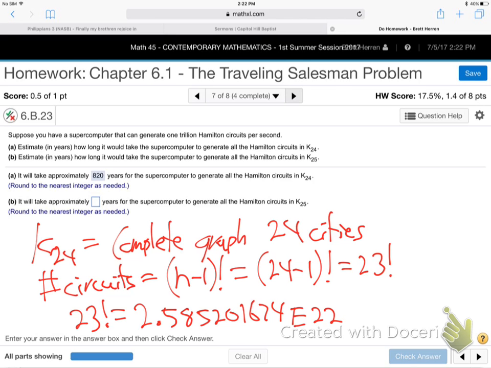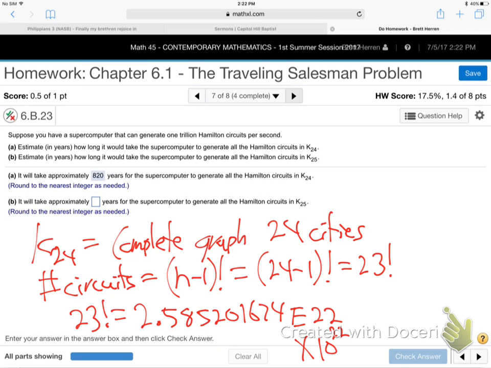What does that mean? What does it mean about real life numbers? Anybody know? E22? Times 10. So what if they wrote times 10 to the 22nd? What would that mean? You move the decimal.